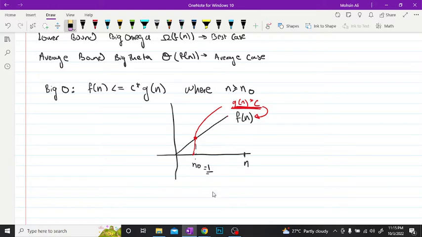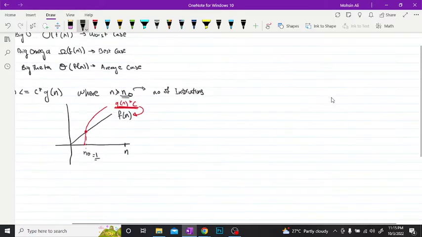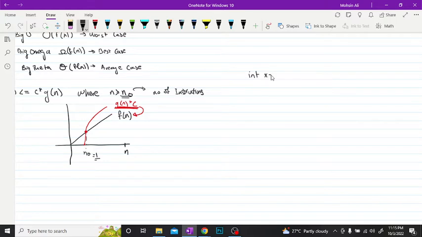Moreover, this n over here denotes the number of instructions in an algorithm. So for example, if I have int x equals 2, and then I do x plus plus, then I will have 2 instructions.